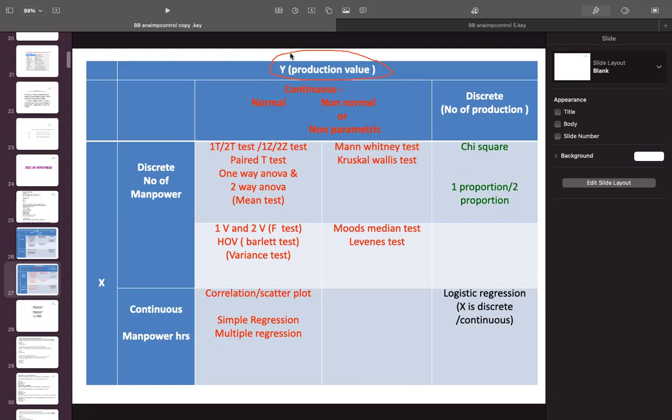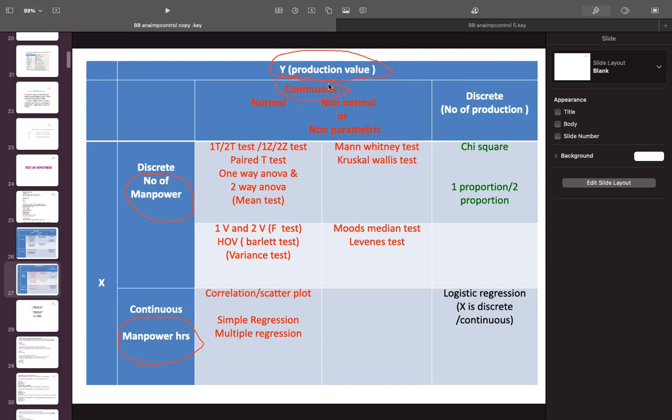And hope you remember, we have taken some examples in the data collection form, we have number of manpower, and we also have manpower hours, right? Okay. So here my y is production value, what type of data is that? It is continuous data. Okay. And number of manpower is discrete data.